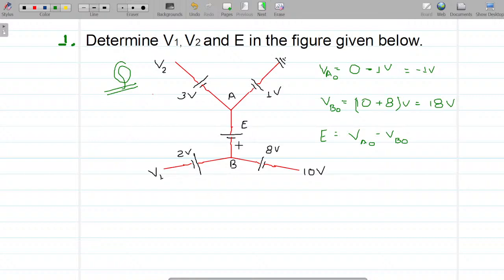When point A and point B are known, see, this is at higher potential, so we'll subtract potential A from B. What would it be? This would be equal to minus 1 minus 18 volts, that would be equal to minus 19 volts. This is your potential which was asked in the question. This is the step 1 that we've solved, right? Are we clear?